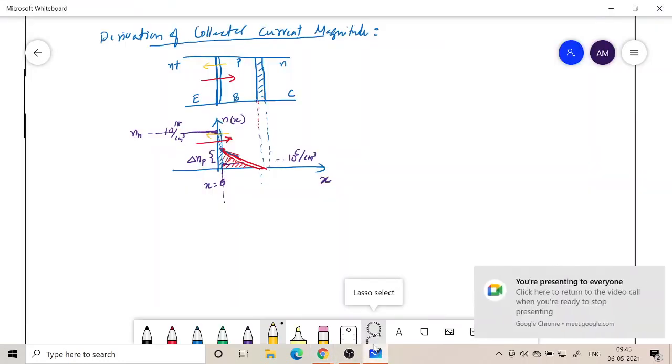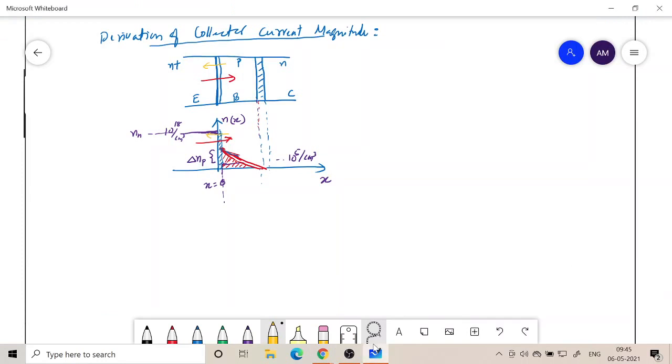Okay, so in order to find what is going to be this current, we have to look at the way in which the charge carriers, that is the electrons that have come into the base region, are going to be distributed.